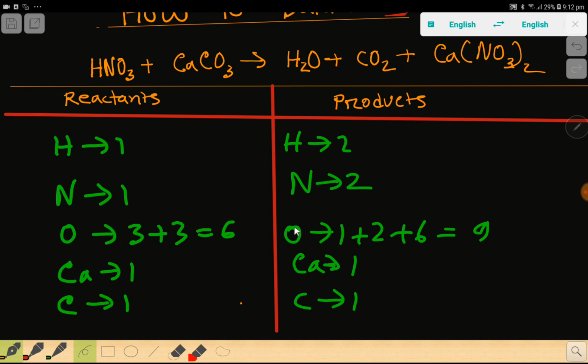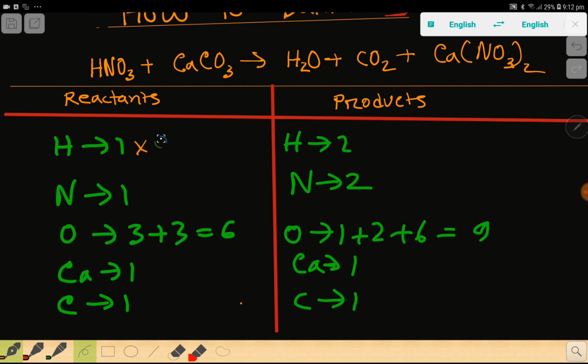If an atom or element comes from more than 1 compound, then we have to balance that atom or element at last. So we can balance hydrogen, right, or nitrogen. So hydrogen 2, but hydrogen here 1. So to balance the hydrogen, what can I do?